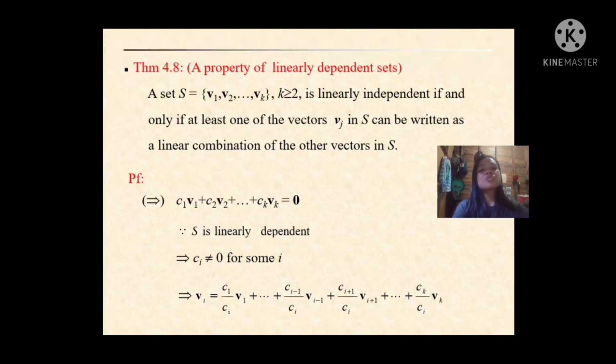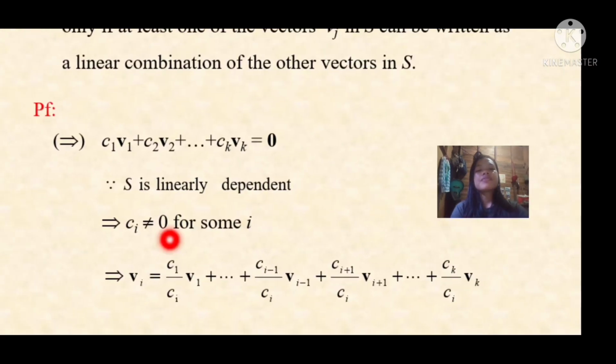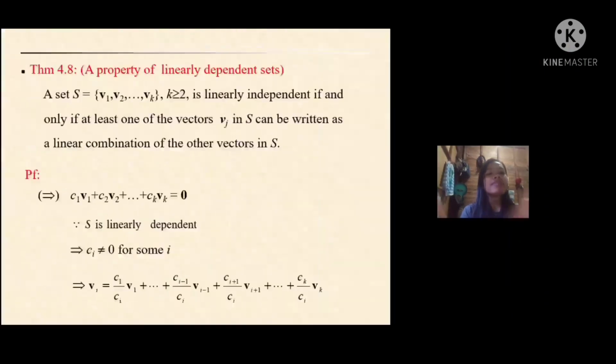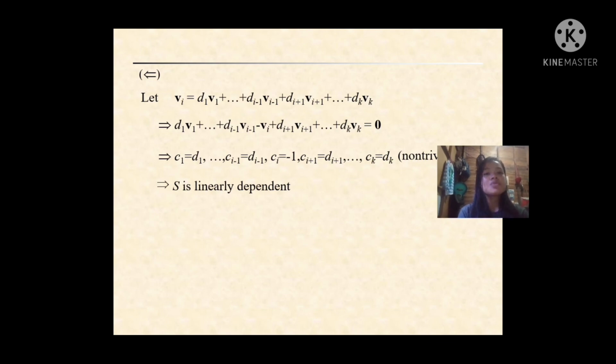For this one, v sub i equal to negative c sub 1 over c sub i multiplied by v sub 1 plus ... minus c sub i minus 1 over c sub i multiplied by v sub i minus 1 minus c sub i plus 1 over c sub i multiplied by v sub i plus 1 plus ... minus c sub k over c sub i multiplied by v sub k, and this will be the result.